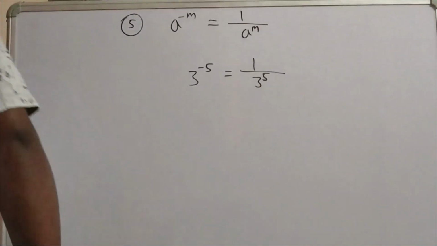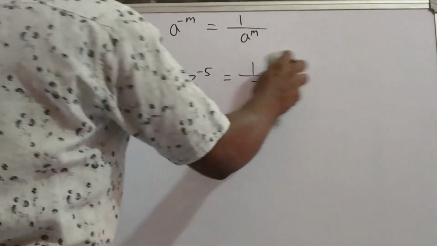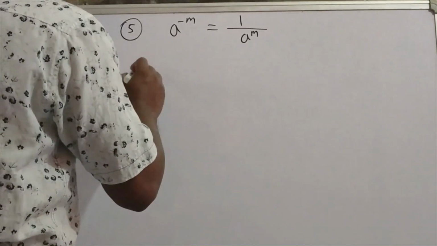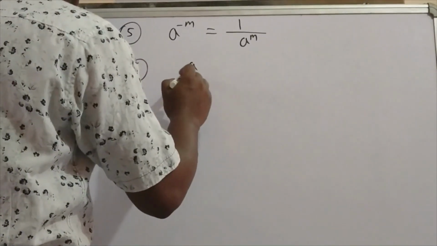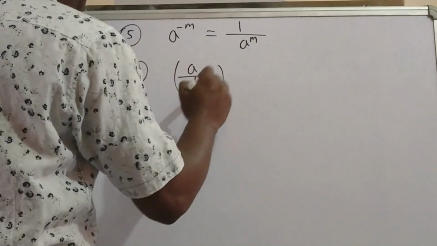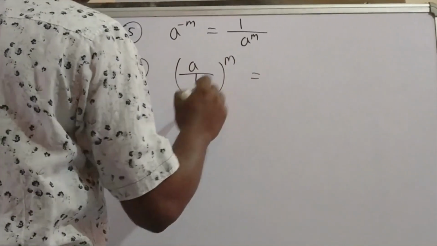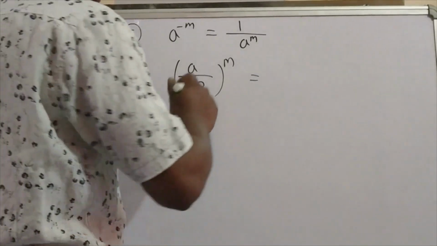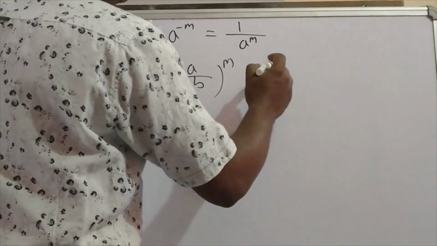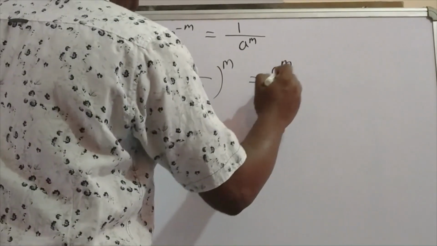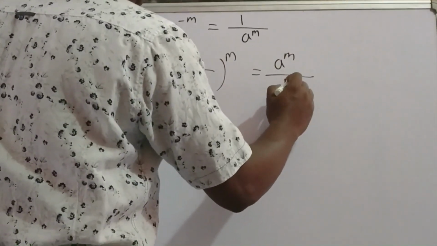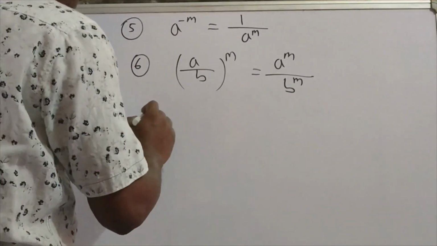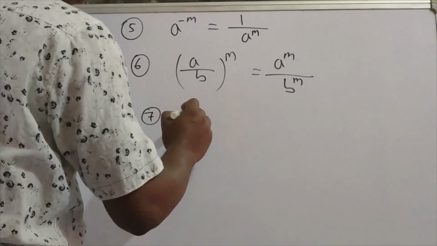Now come to the sixth formula. Sixth one is, suppose a by b to the power m. Here whole power is given, a by b to the power m. We can, in the formula, we can separate the power. We can write a to the power m divided by b to the power m. Understood? Now like this, seventh one, similar type.